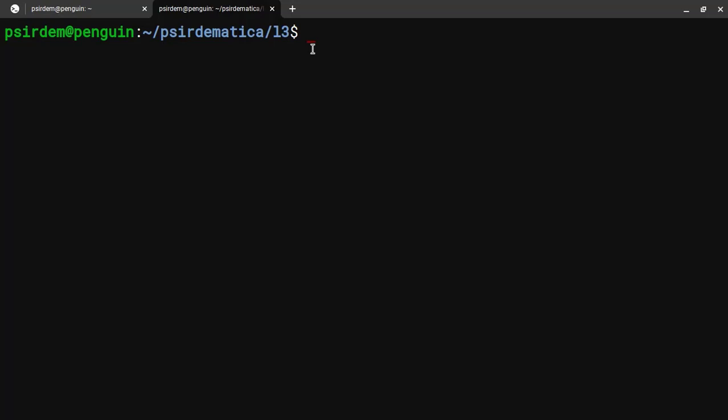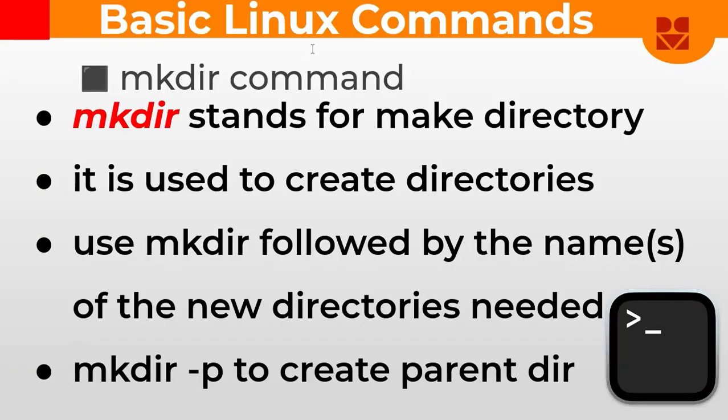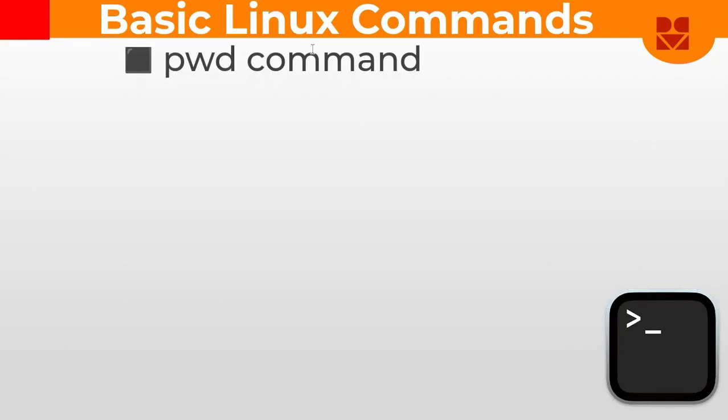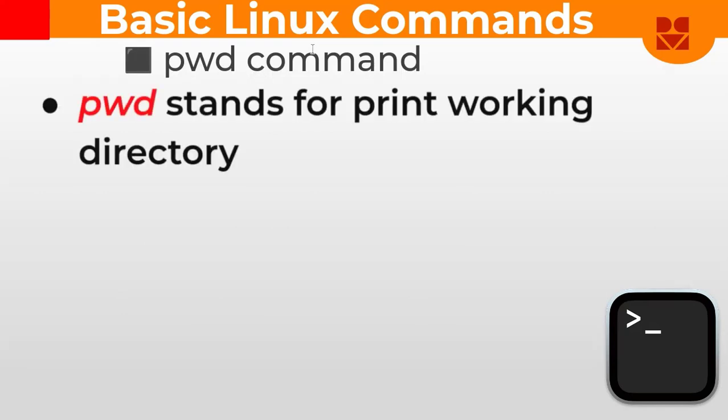So that's for creating directories. And the next command we'll look at is the pwd command, which stands for print working directory. What this does is it shows us where we are. You would have to be in a certain directory, and if you want to know where you are, you would print the current working directory to get the path to where you are.